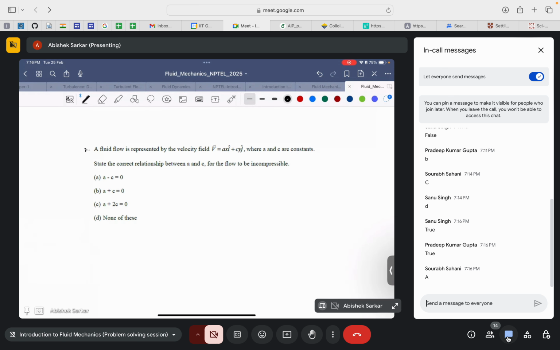So the next question is question number 7. A fluid flow is represented by a velocity field given by A x i cap plus C y j cap, a 2D velocity field, where A and C are constants. State the correct relationship between A and C if the flow is incompressible.